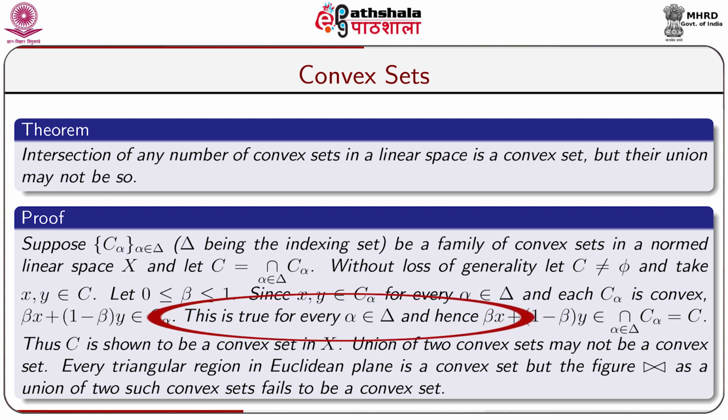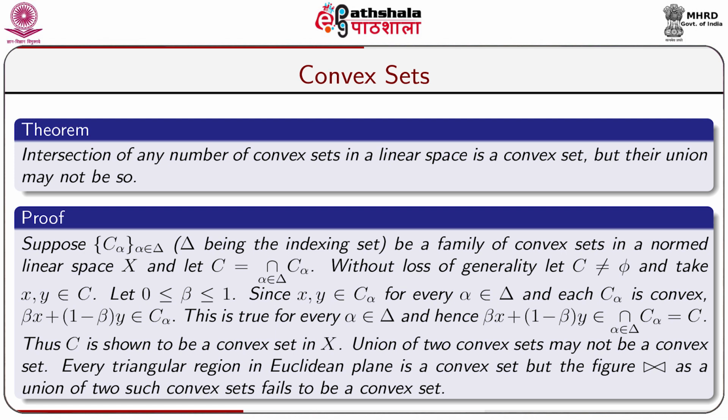This is true for every alpha belonging to delta, and hence beta x + (1 - beta) y belongs to the intersection of C_alpha, which is assumed equal to C. So, beta x + (1 - beta) y belongs to C, and thus C is shown to be a convex set in X.